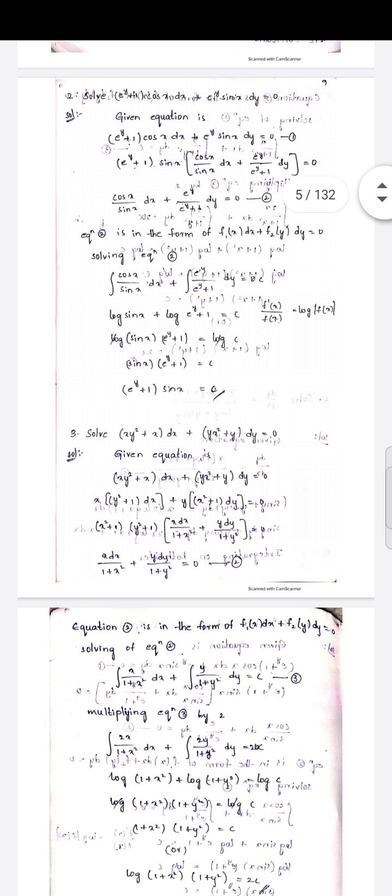So next, the solution. The given equation is (e to the power y plus 1) cos x dx plus e to the power y sin x dy is equal to 0.